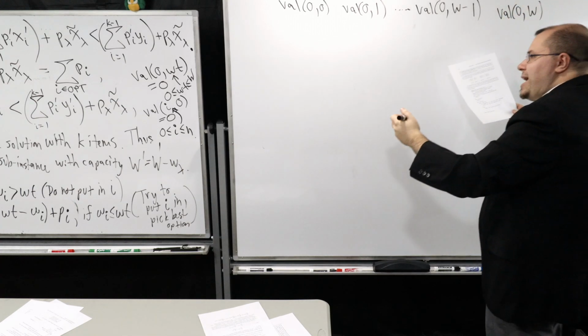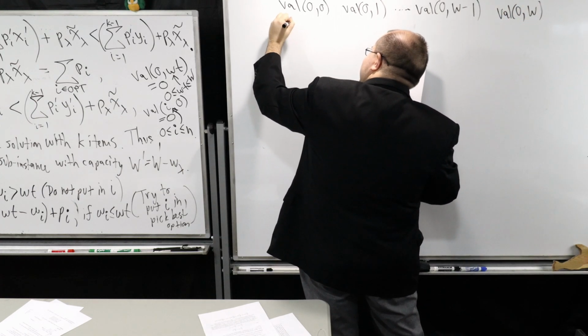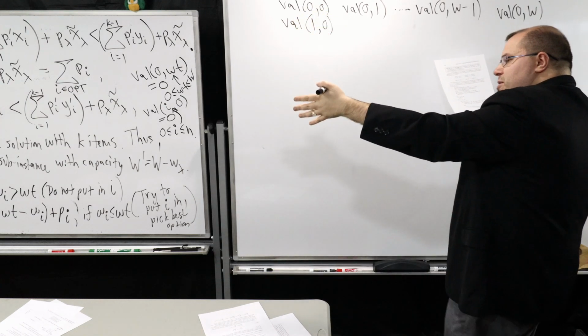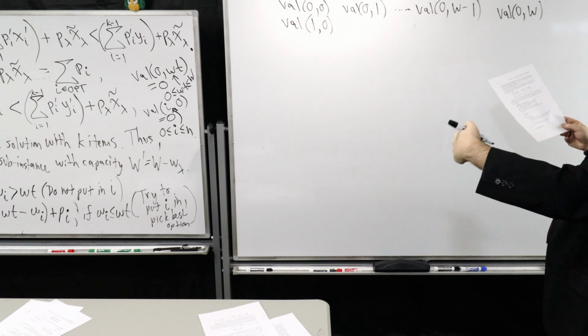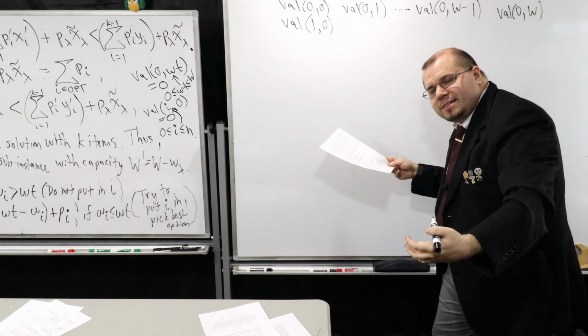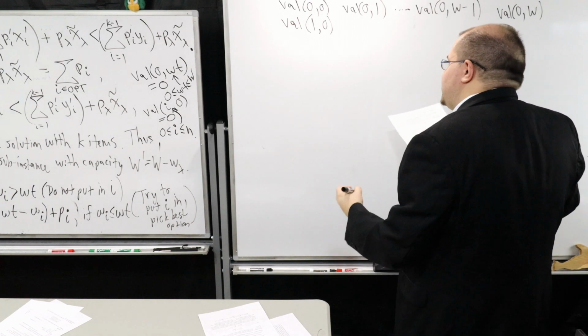So I'm going to build a table consisting of rows and columns that compute out this recurrence. But notice the way it's written, it's always in terms of smaller instances of my knapsack instance.